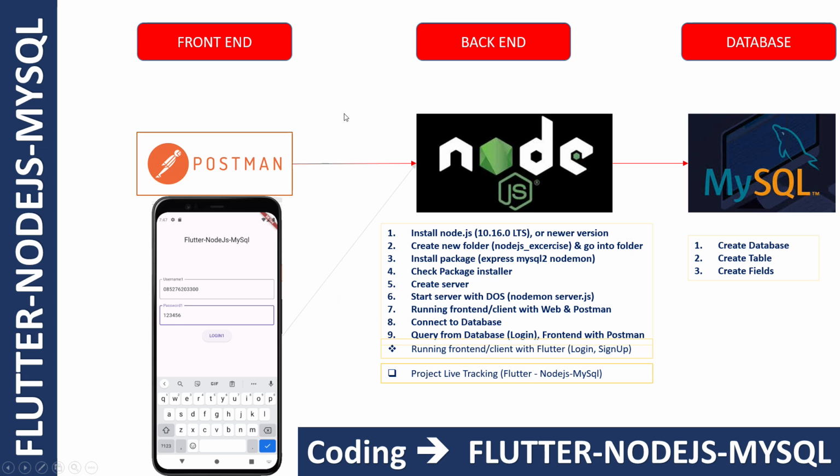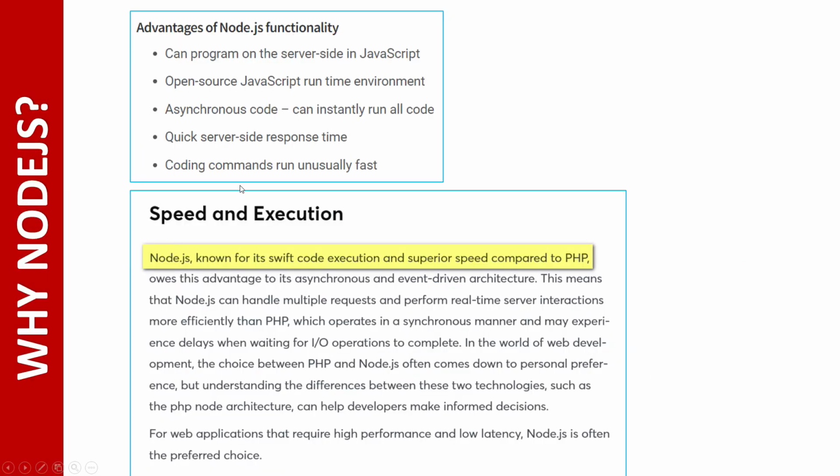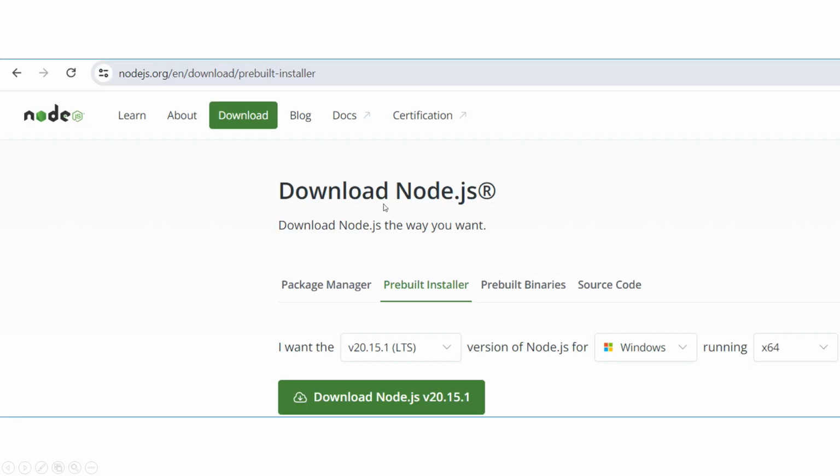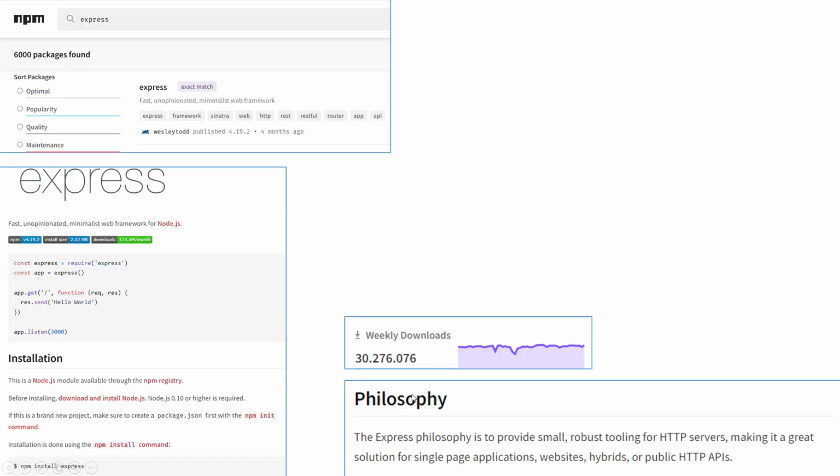Okay, we can see this one. Okay, this is why we use Node.js. This is create new user. This is the stepping. Okay, this is to download. This is the domain or address to download Node.js.